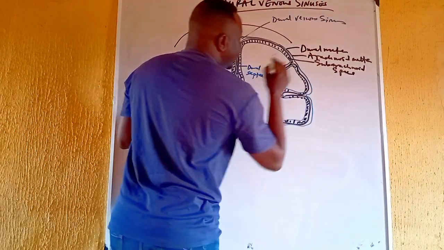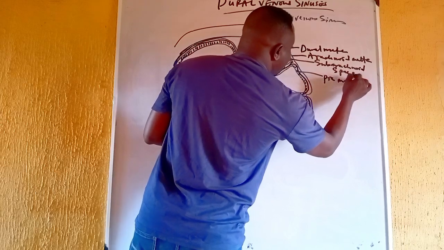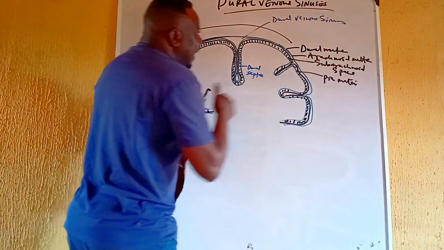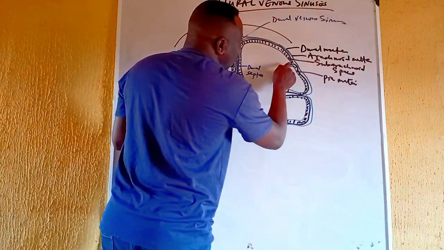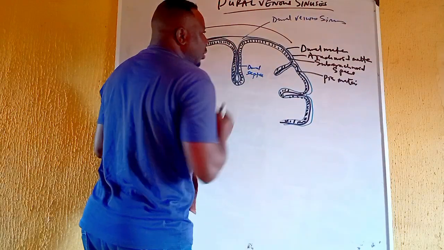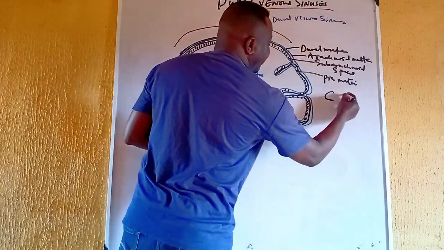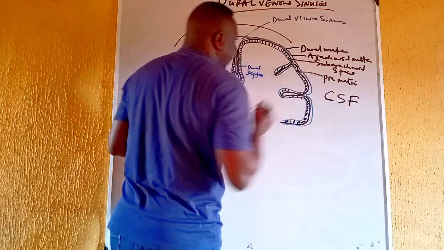And then this is known as the pia mater. In the subarachnoid space, we have what we call the CSF. The CSF is known as the cerebrospinal fluid.